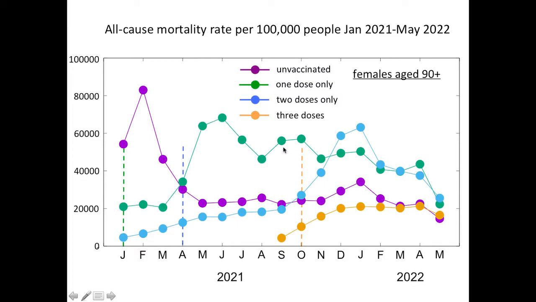So we get quite a small group as time goes on for this green curve. Similarly, when the booster becomes available, most of the individuals in the 2-dose group will then go into the orange group having received a booster. So again, this will become quite a small group. So this large variation that we see in 1 dose and in 2 doses is something that we'll see across most of the data sets.